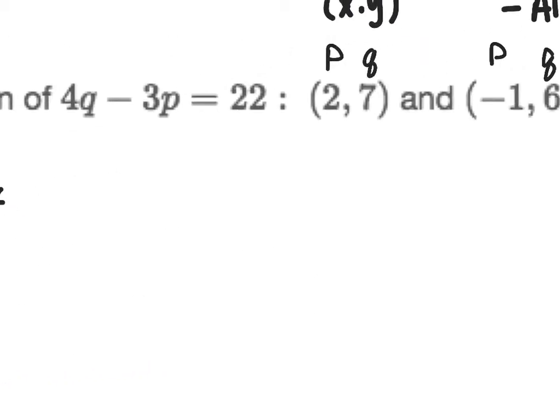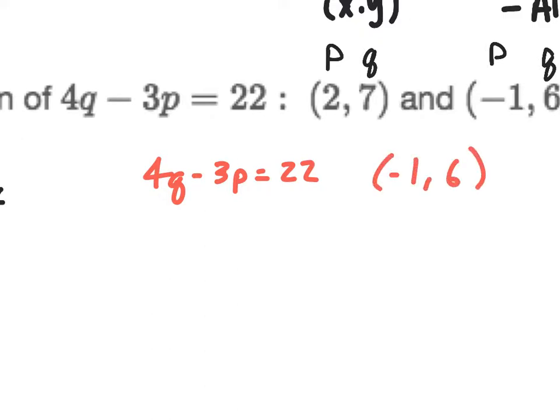All right, the next one, let me do this for the other point. Let me rewrite this as 4Q minus 3P is equal to 22. And I want to check the point negative 1, 6. What I know is that P is equal to negative 1 and that Q is equal to positive 6. So if I plug those in, I'm going to get 4 times 6 minus 3 times negative 1.